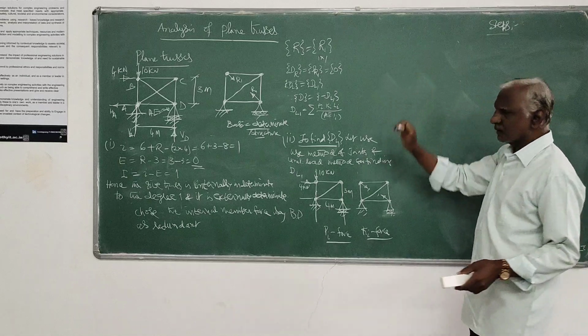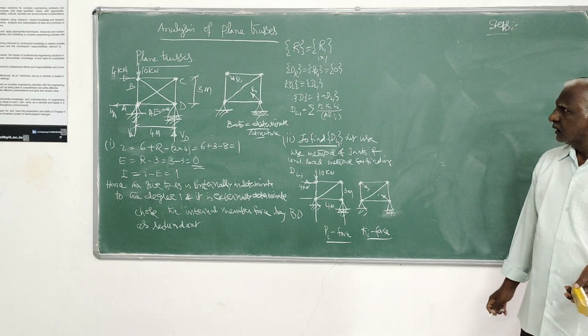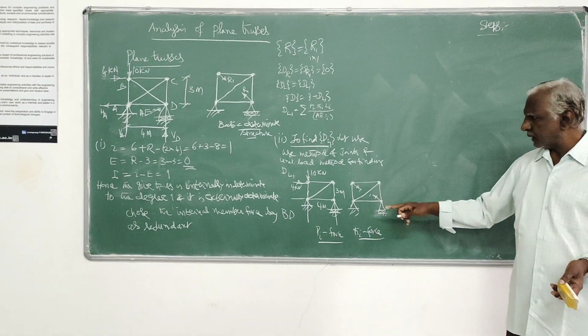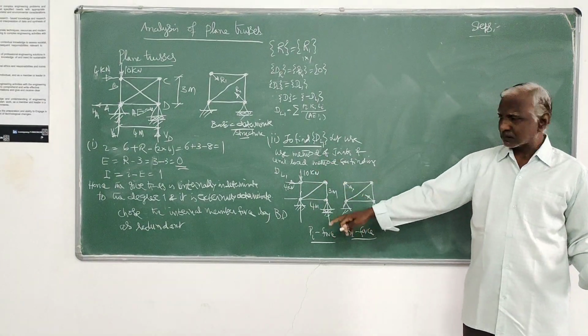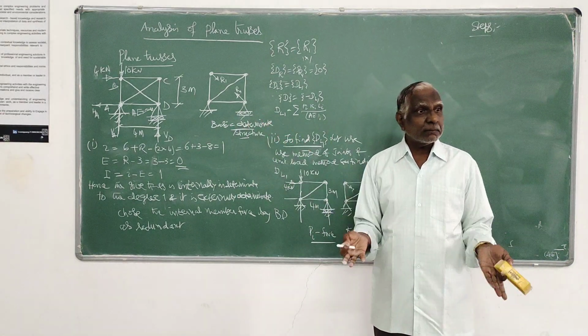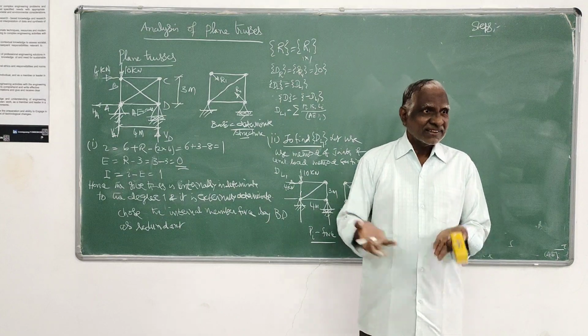Sir, for P_i, we don't consider BD? Which one? BD, we have taken as redundant. BD member. I have to remove it. I told you, the basic determinate structure. This analysis you are doing only for determinate structures. If that member is there, these are unknowns, it is indeterminate. That is what we are doing.